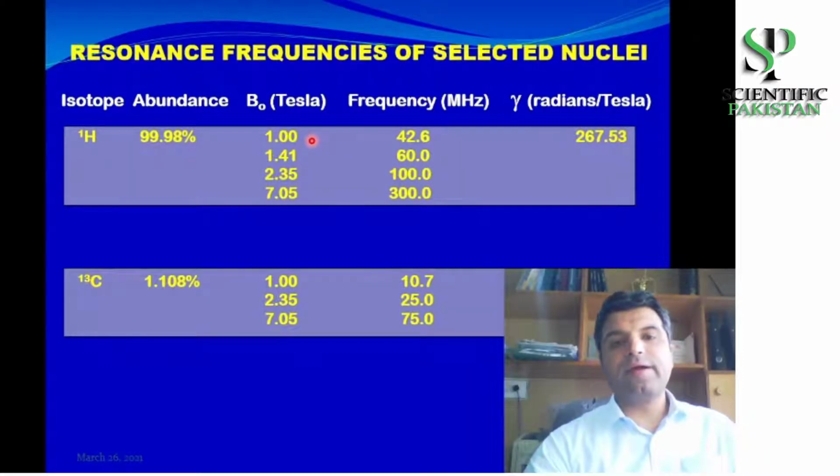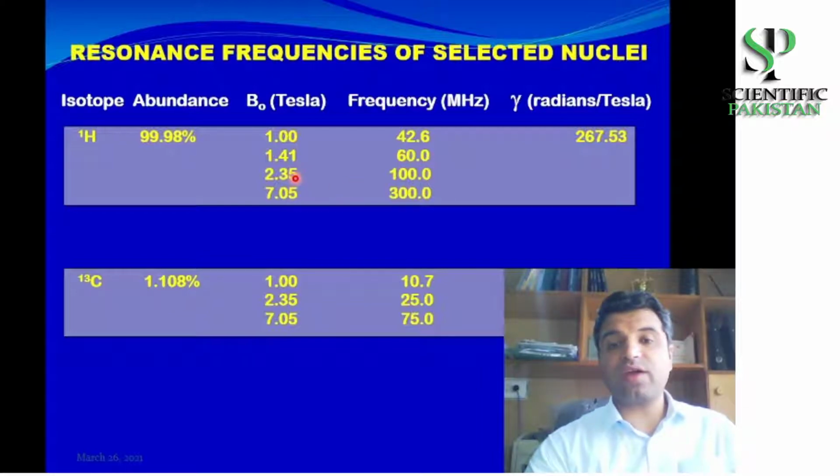So if we provide a magnetic field of 1 Tesla to proton, it will start precessing with a Larmor frequency equal to 42.6 megahertz. As you increase the magnetic field from 1 to 1.41 Tesla, the Larmor frequency increases to 60 megahertz.